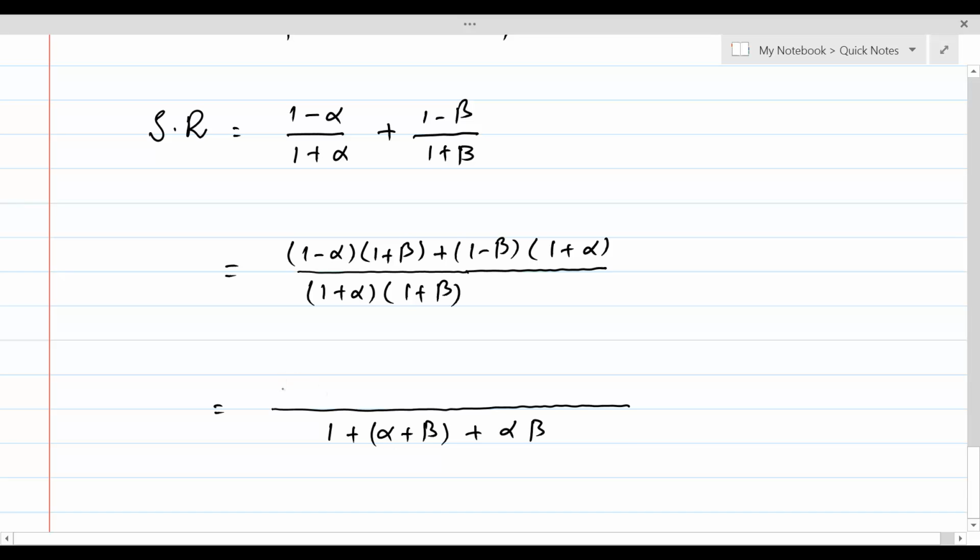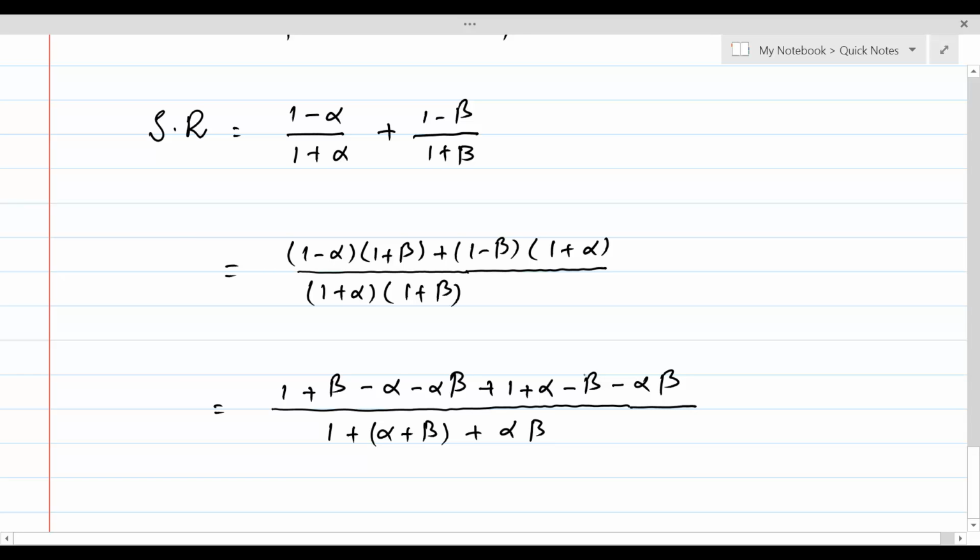And here this will be 1 plus beta minus alpha beta plus 1 plus alpha minus beta minus alpha beta.